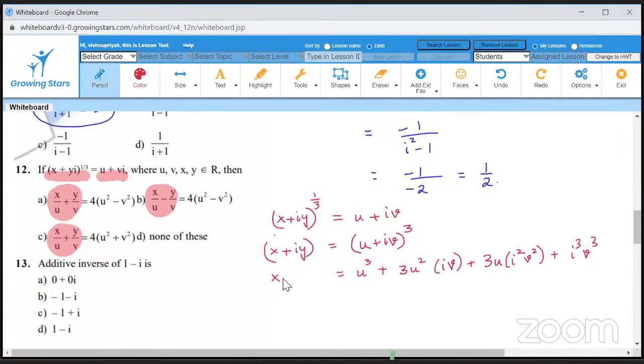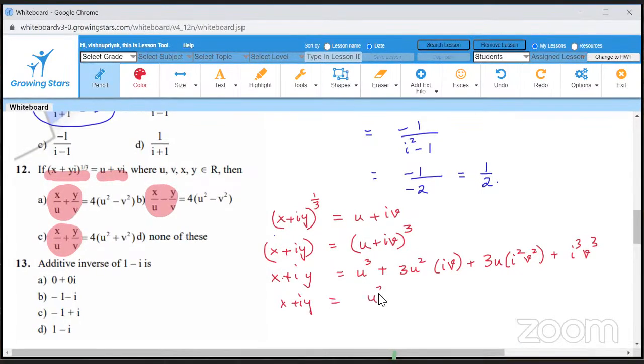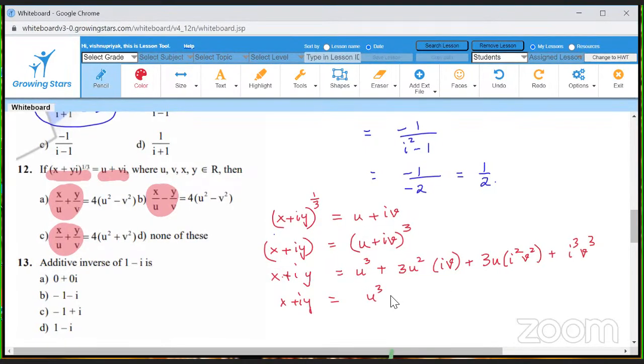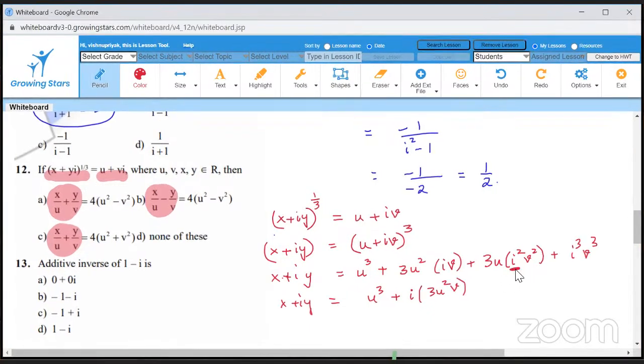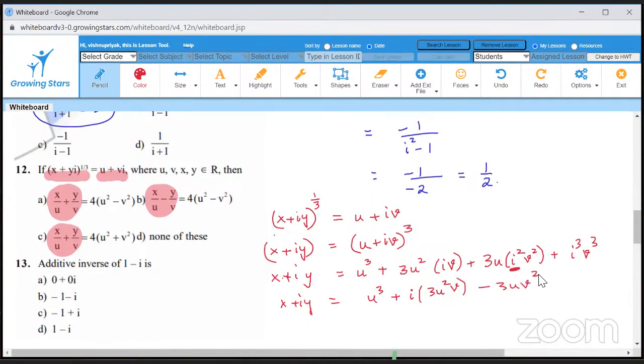This side I'll write X plus iY only, no change. Now what we will write? U cube. I will take i outside, 3U square V. Then i square is minus 1, so minus 3UV square.